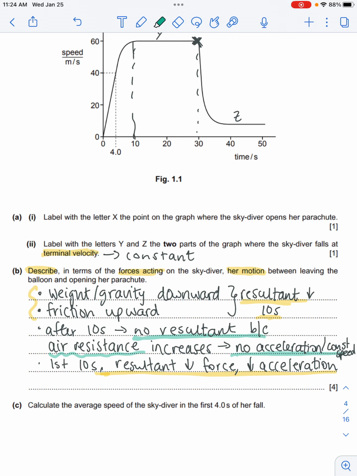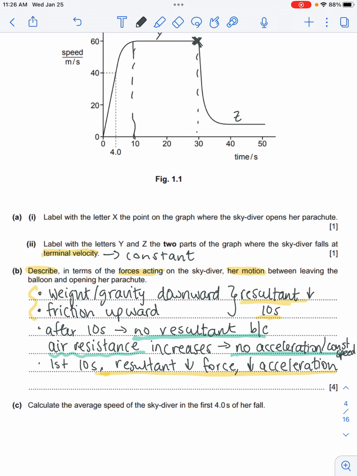So the first 4 seconds are right here. Average speed, essentially we need to average out our initial and our final speeds. Or we can find the area under the graph, which is my displacement, and the time over which it happened, and then find the average speed using that.